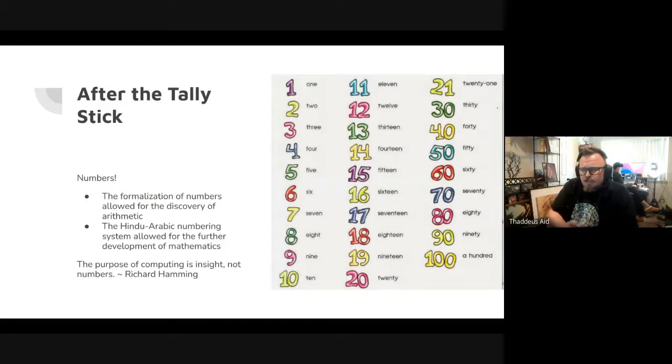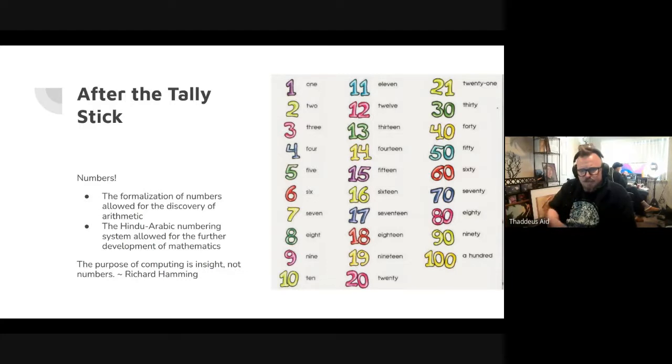If we look back to, say, Roman numerals, those are actually rather difficult to do very complex mathematics with. And so when we start using the Hindu-Arabic numbering system in base 10, we find that this becomes a very natural, very useful numbering system that allows us to push our mathematics forward.